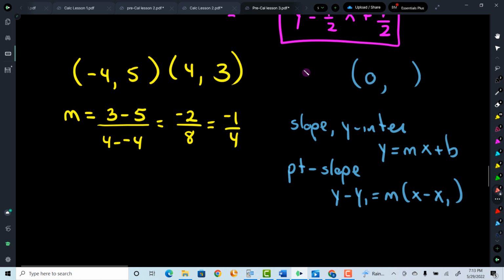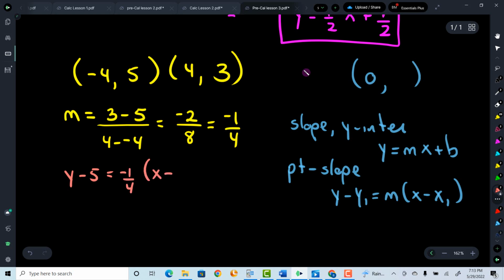So does it matter which point I use? Well, let's try and see. Okay, I'm going to use the first one. So it's going to be y minus 5 equals -1/4 (x minus -4). So y minus 5 equals -1/4 (x plus 4).